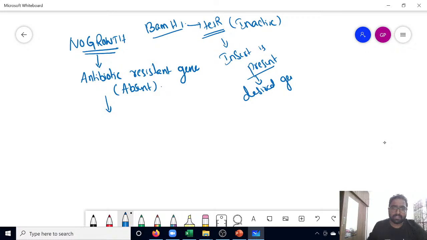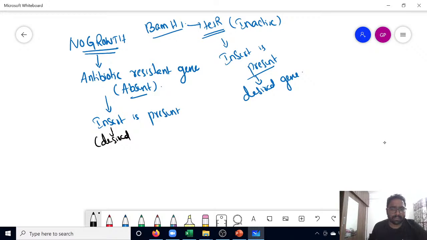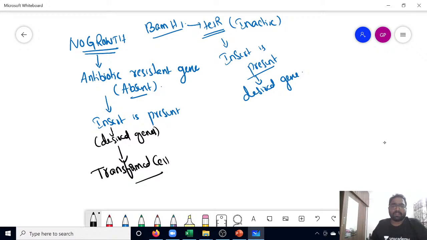So antibiotic resistant gene is absent means our insert is present. Insert means we can mention in the bracket also, desired gene. So if desired gene is present, is it transformed or non-transformed? It is transformed cells. Simple. Like this you can grow. You can get it now.